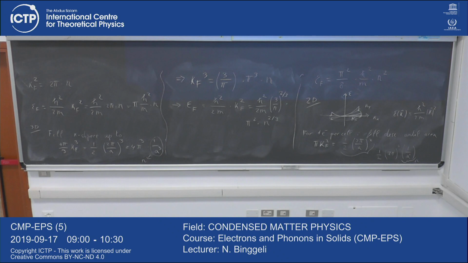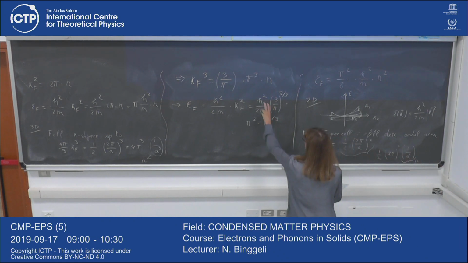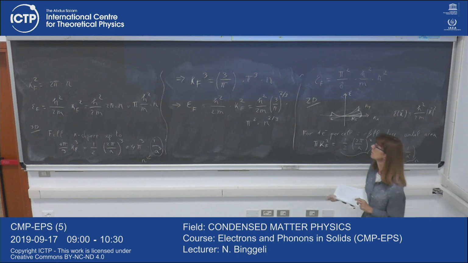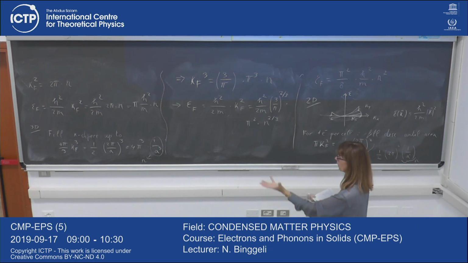We had seen in two dimensions it is proportional to the density to the power 1, and in one dimension to the density to the power 2. And it's always related to the fact that the Fermi energy has this factor, and then has K Fermi to the power 2.